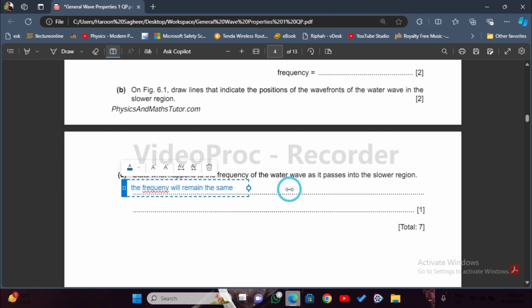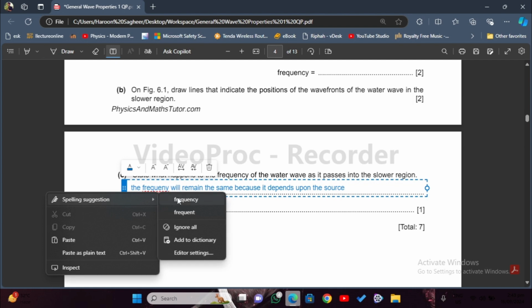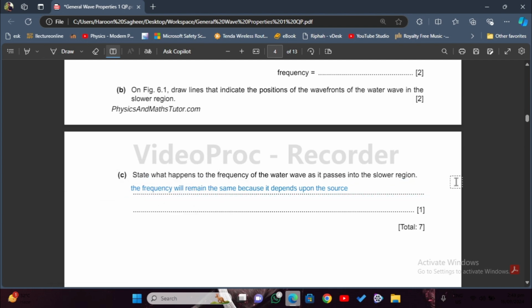And why is that? Because the frequency of a wave depends upon the source that produces it. Let's just correct the spelling of frequency.